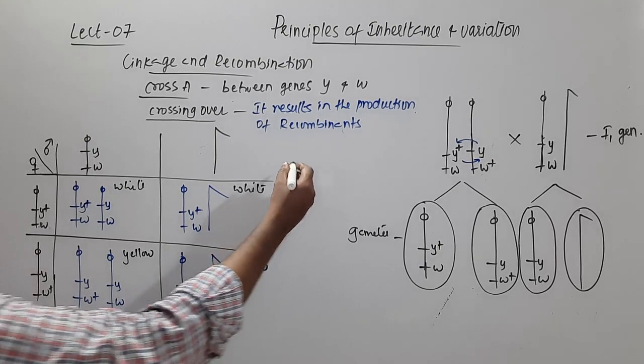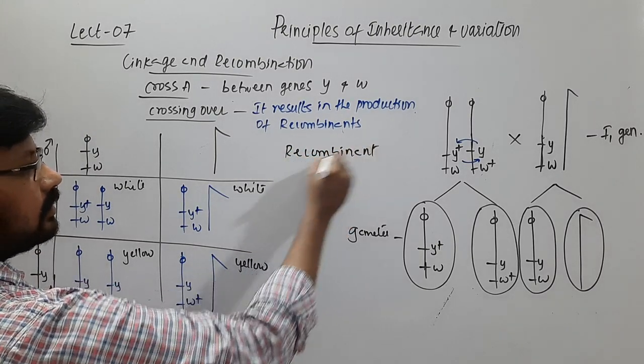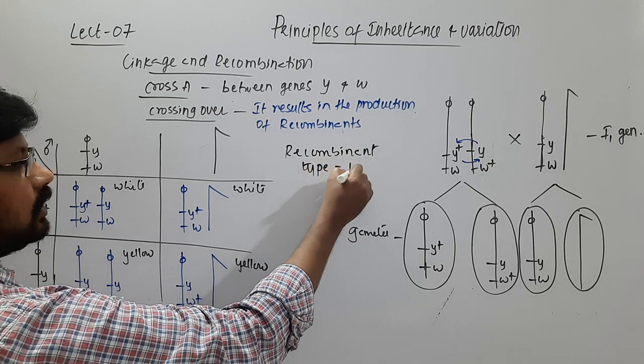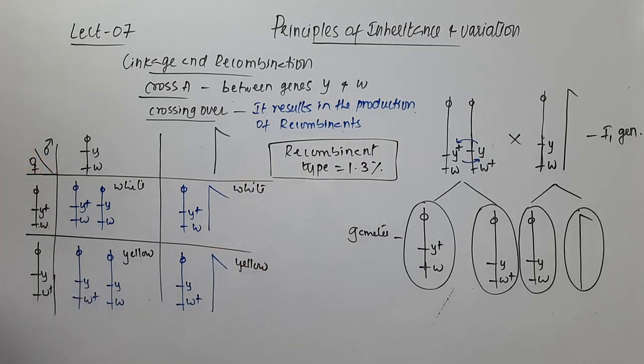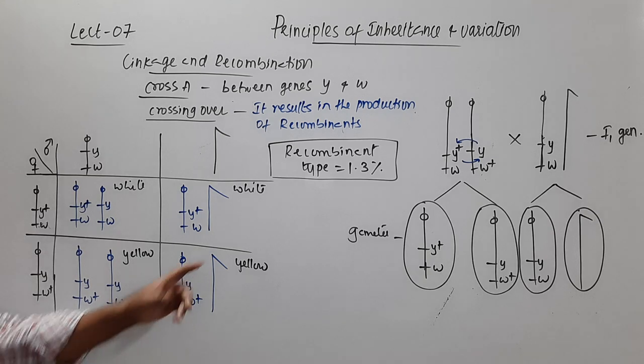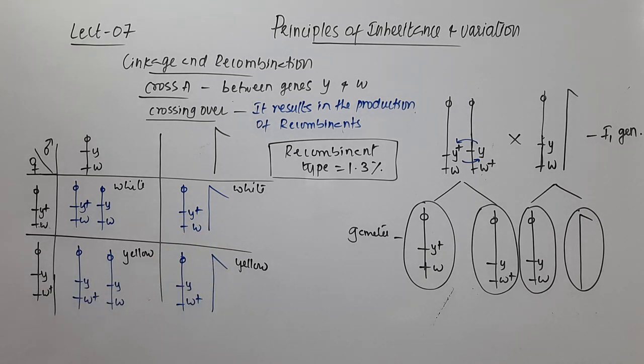So we have obtained a recombinant type of 1.3%. In the earlier case we had 98.7%, and in this case we obtain only 1.3 percent. It means that the linkage between yellow and white is strong.